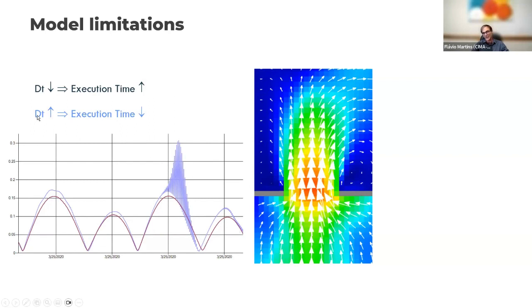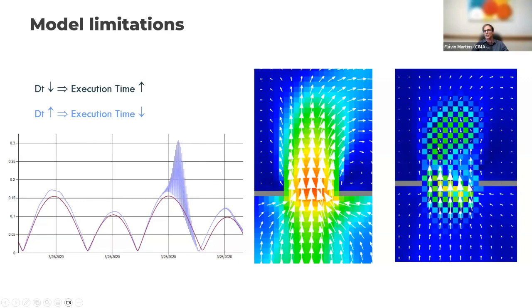But if you increase the time step, trying to make the model faster, suddenly you get a crazy result. Somehow here, it gets crazy results. And if you look at the map of velocities, it becomes completely wrong.